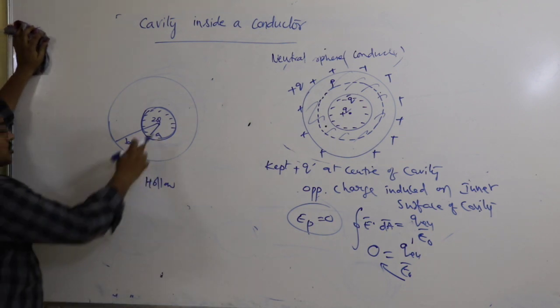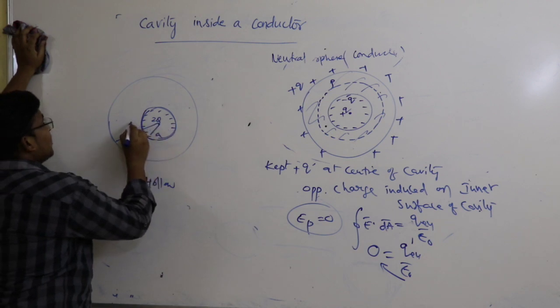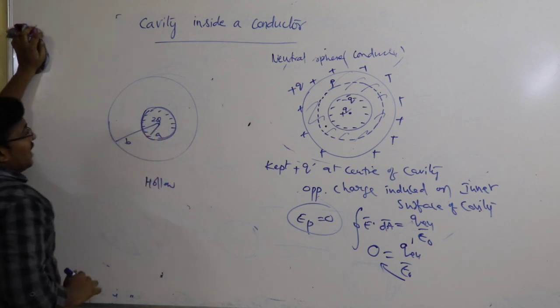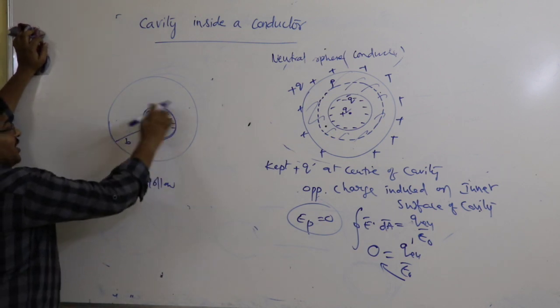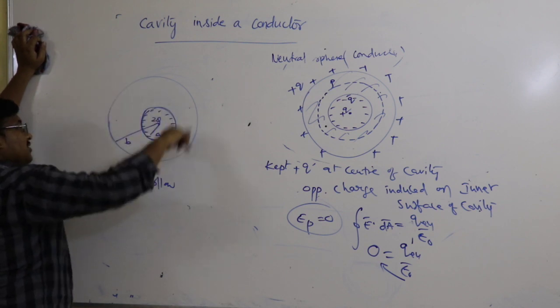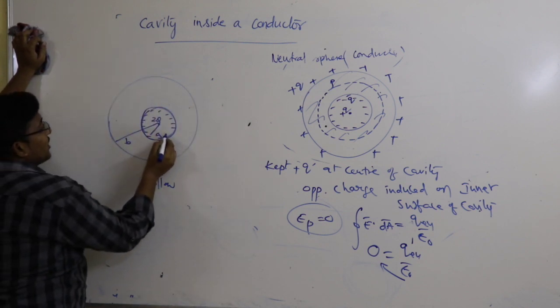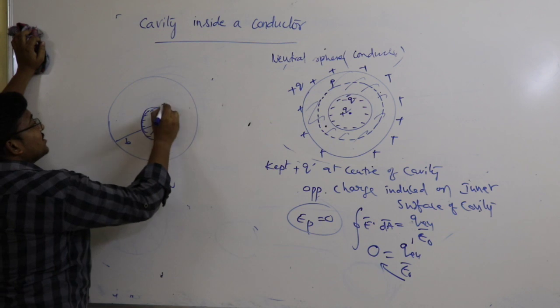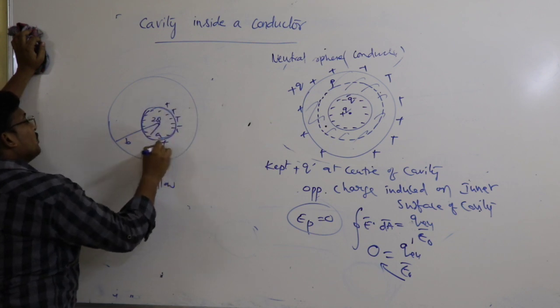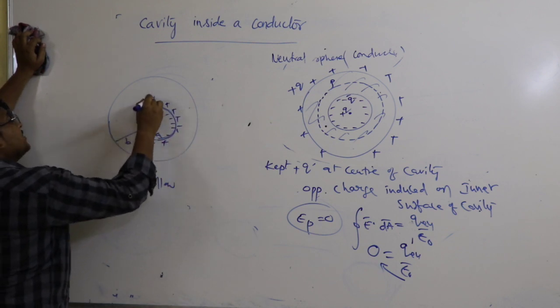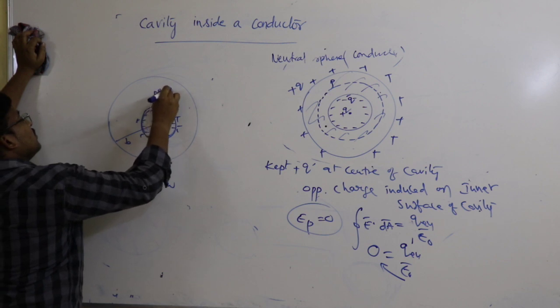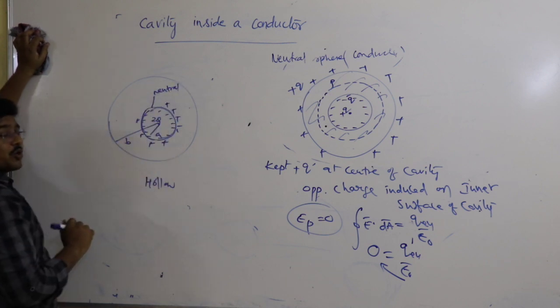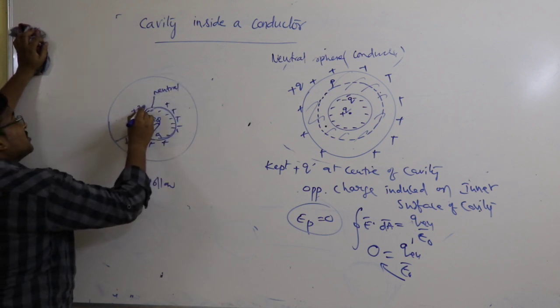Right? So due to this 2q, this must be minus 2q, and the first hollow sphere is neutral, and everything is neutral. So on the inner surface minus 2q and on this surface plus 2q, because as it is neutral, inside minus 2q is created, so that outside plus 2q must be created.